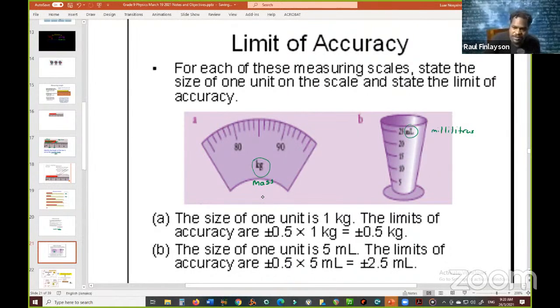What on earth are they saying here? Well, let's see. It goes from 80 to 90. Those are the numbers we are certain of. If it divides into 10 places, that's 1, 2, 3, 4, 5, 6, 7, 8, 9, 10. It divides into 10. So in the middle would be 0.5. That's the rule, generally speaking.